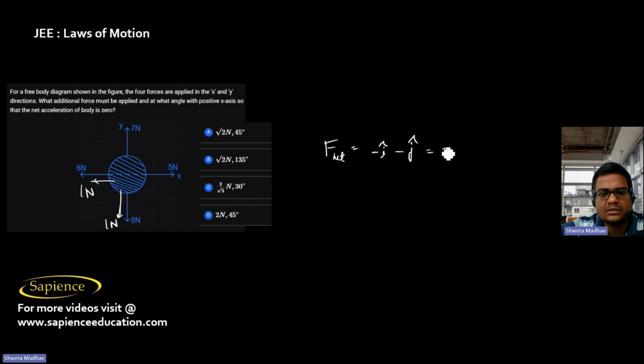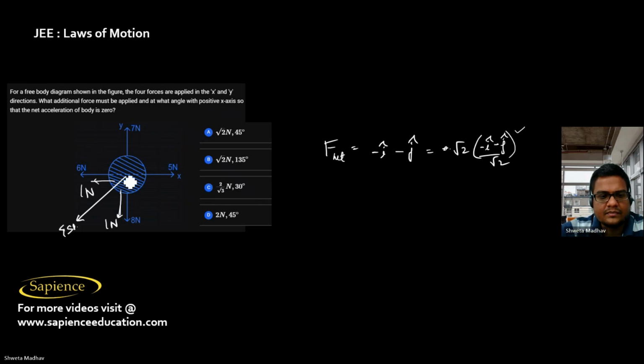So therefore it is root 2 into (minus i cap minus j cap) by root 2. It is acting at an angle of 45 degree with the negative x-axis.